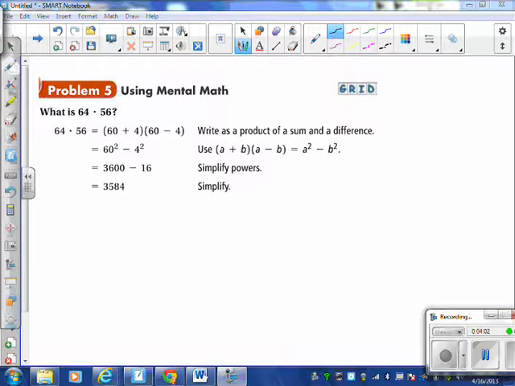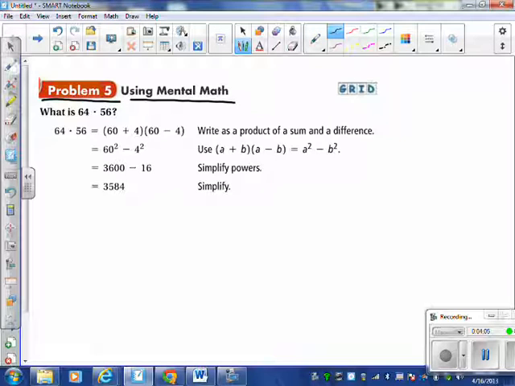Let's take a look at problem 5. Using mental math, using the key concept we just went over, how could we multiply 64 times 56 in our head? Let's take a look at that one. 64 is the same thing as 60 plus 4.